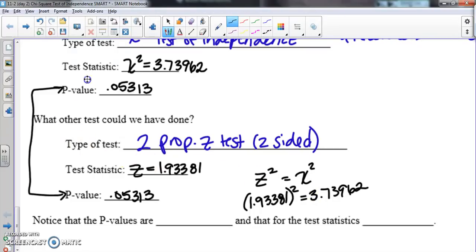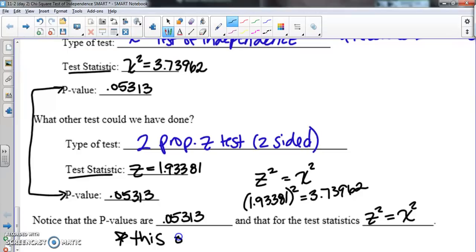So there is a relationship between the chi-squared test statistic and the z-score test statistic. So notice that the p-values are indeed the same, and that for the test statistics, if I take z and I square it, it does in fact equal chi-squared. Now, this actually only works for two-sided two-proportion z-tests. So you may want to make a note of that.